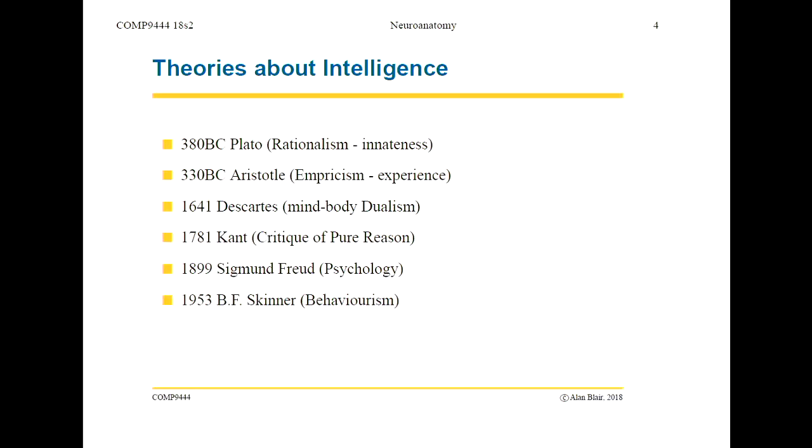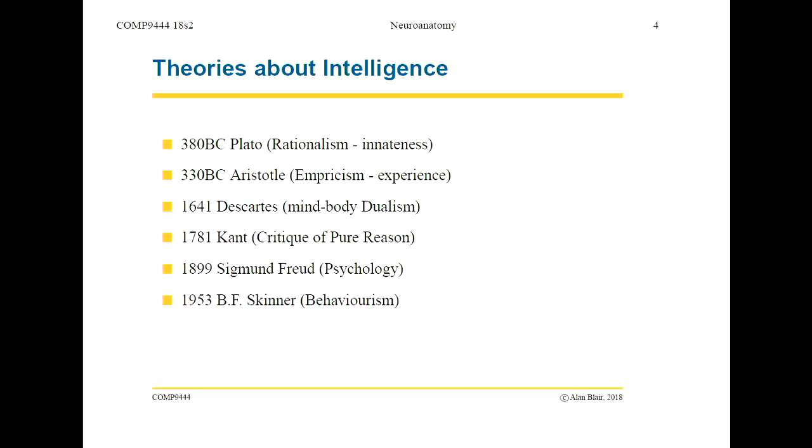There was this traditional distinction between rationalism and empiricism, whether thinking is something innate, that's born into us, or whether it's learned from experience. So this is the old argument about nature versus nurture. And Kant, in his Critique of Pure Reason, tried to argue for some sort of compromise between the two.